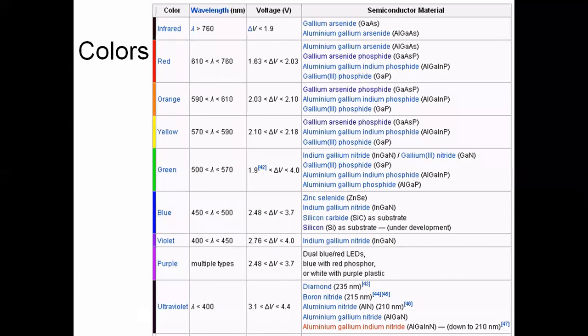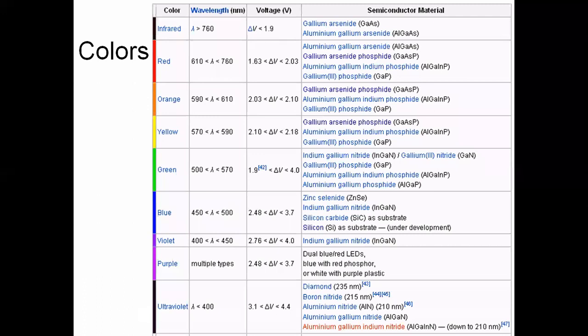Whether the wavelength is increasing or decreasing? Increasing. Good. So if you see the wavelength, it is increasing.